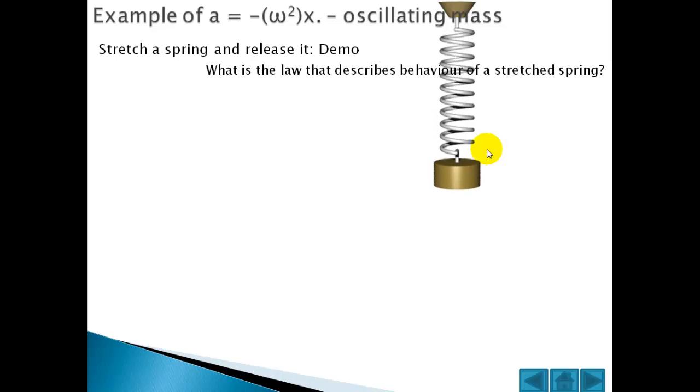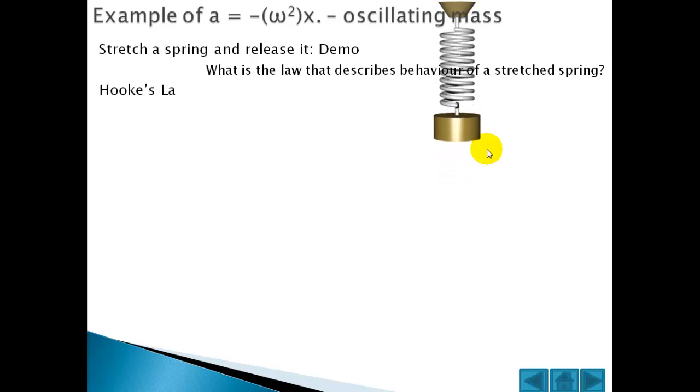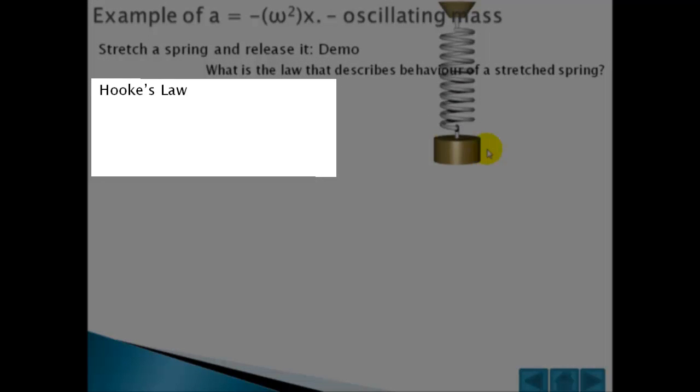What is the law that describes the behavior of a stretched spring? You know that when you apply weights to a spring and you stretch it, the force will cause an extension in the spring. This is known as Hooke's law. We find that the extension is proportional to the force that's applied to it. So this is Hooke's law.